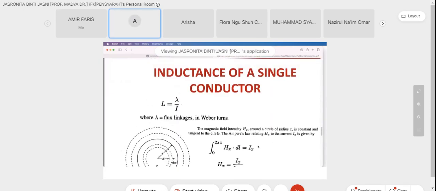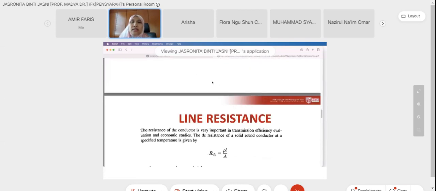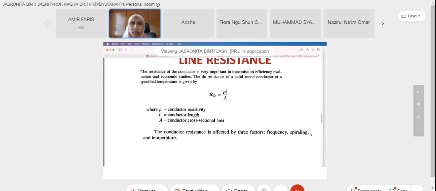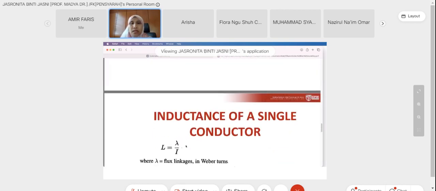So these are the three types. You need to know the resistance of the conductor. This is the equation, and you need to know the factors that affect the conductor resistance: the frequency, spiraling, and the temperature.